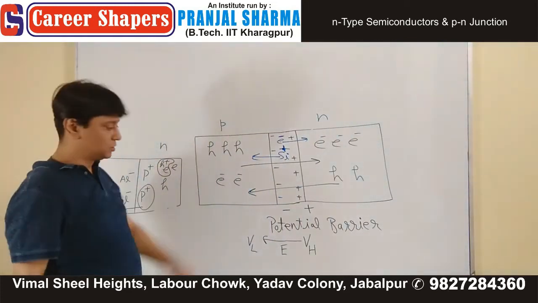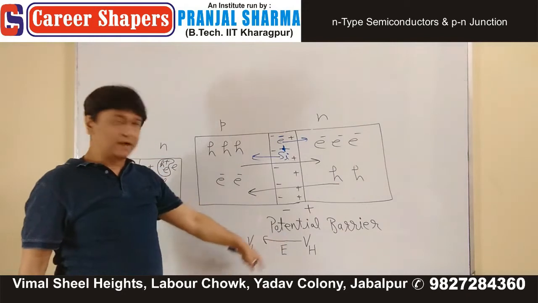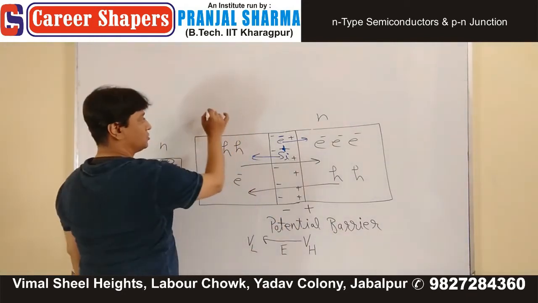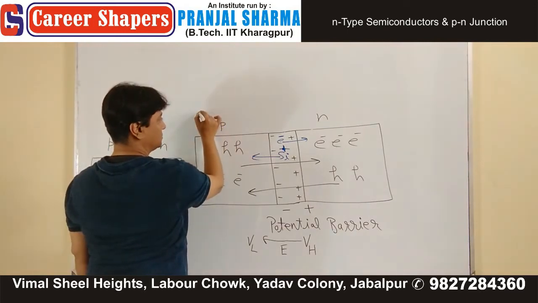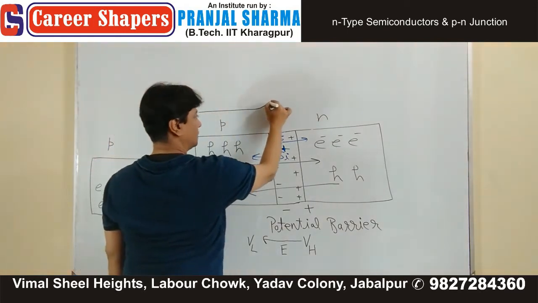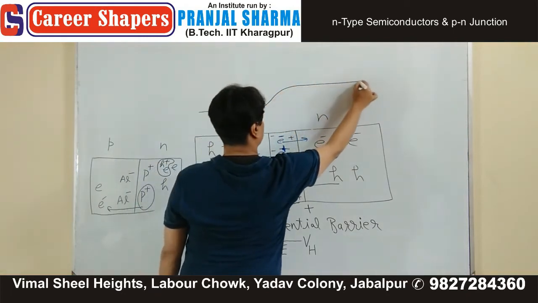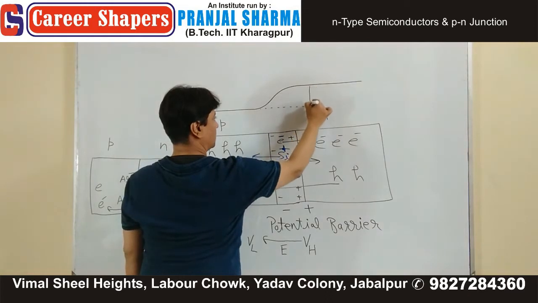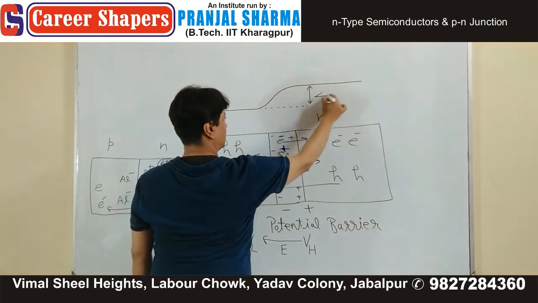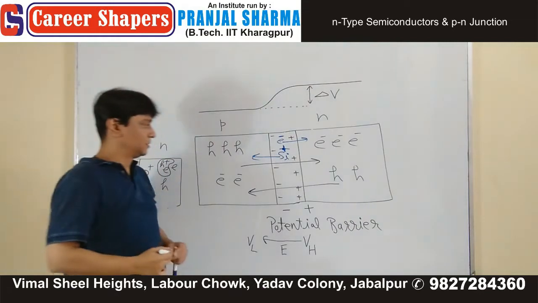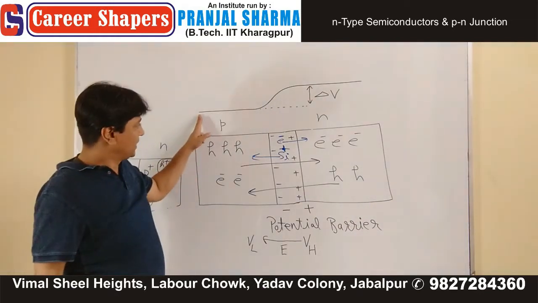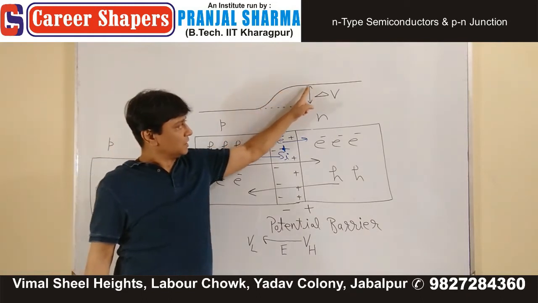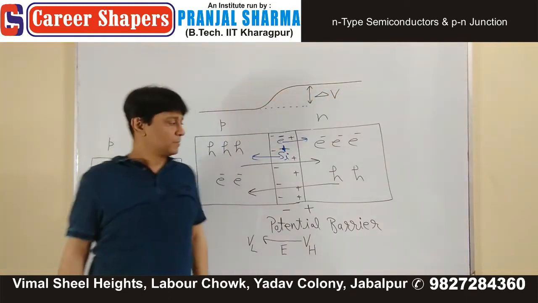Look at this part also. This is the electric field, and let's talk about the potential barrier. So potential barrier looks like this. Delta V. Potential is same, increases, again remains same.